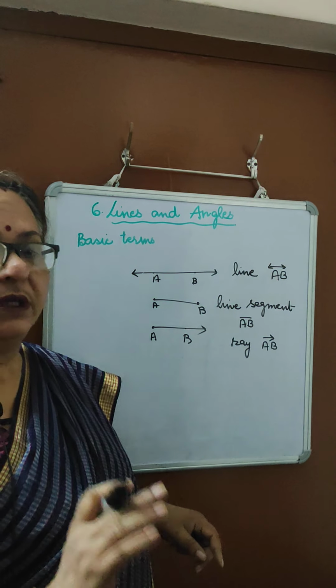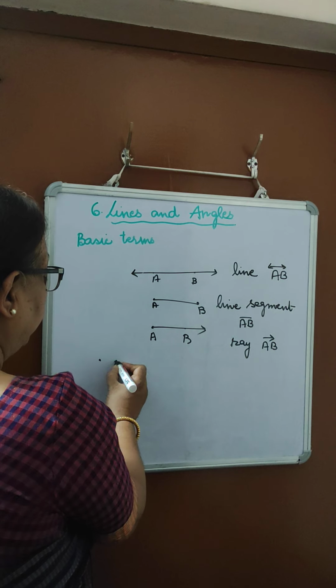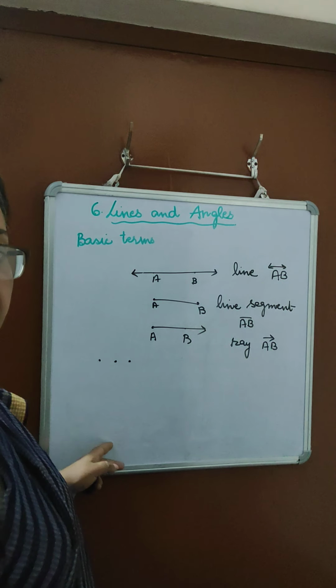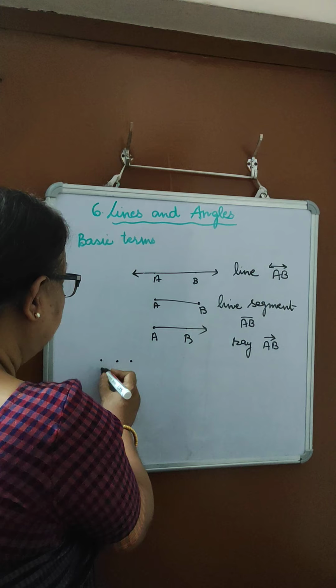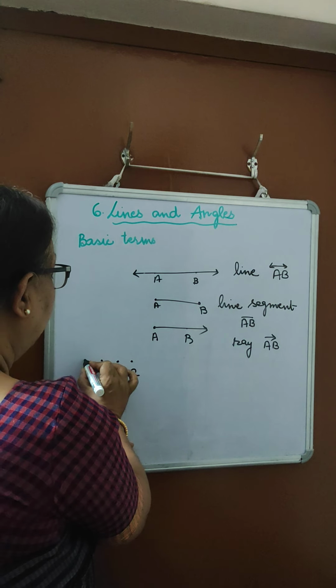Next, suppose I have 3 points, A, B and C. I draw a line.